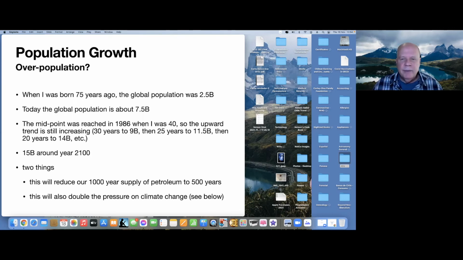And I think there are other projections that have also, over the last part of the century, estimated that we would get up to about 15 billion. So what happens if we get up to 15 billion by the year 2100? What happens to our petroleum supply?